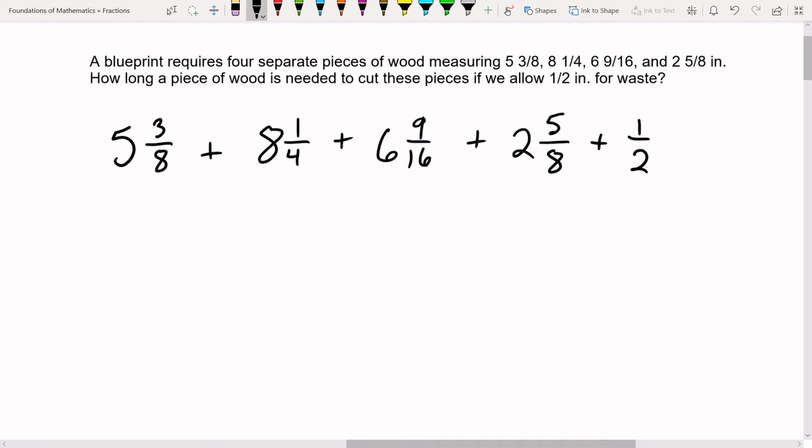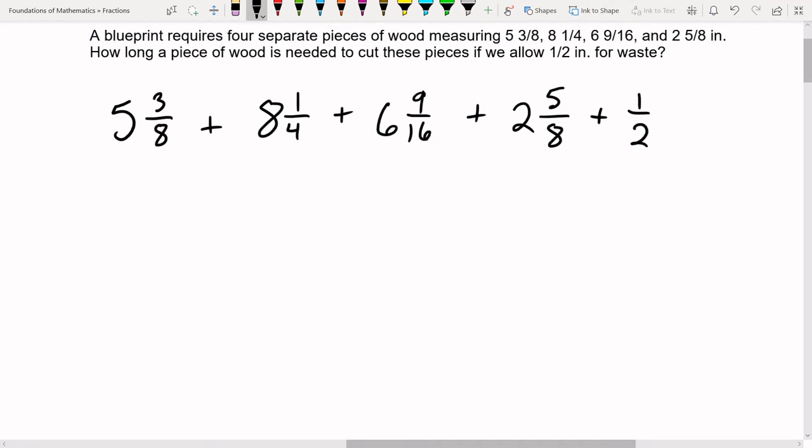I can show both. Probably the longer way in this case is to change them to improper fractions first, but it's also the method I think is the most straightforward. You kind of know what to do. I'm doing it this way, so I'm going to change all these to improper fractions first. 8 times 5 is 40 plus 3 is 43 over 8. 4 times 8 is 32 plus 1 is 33.